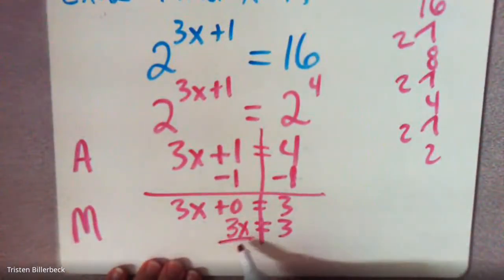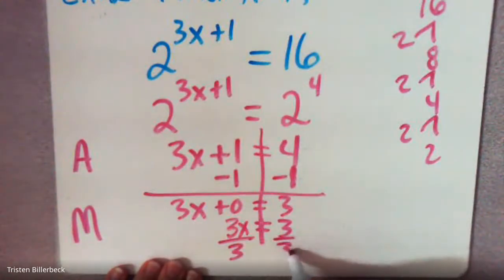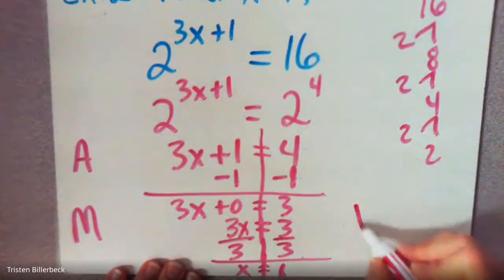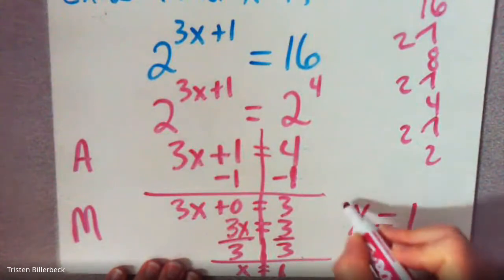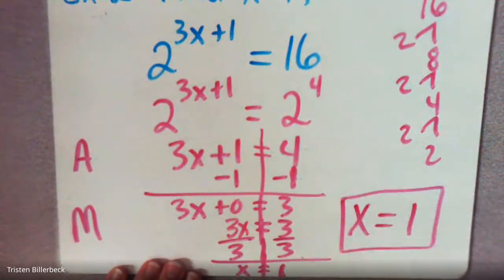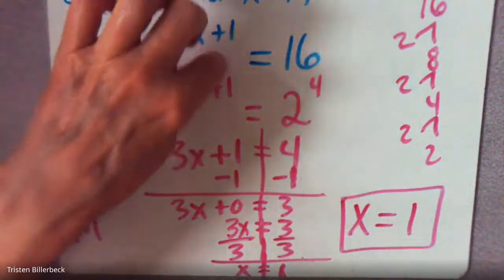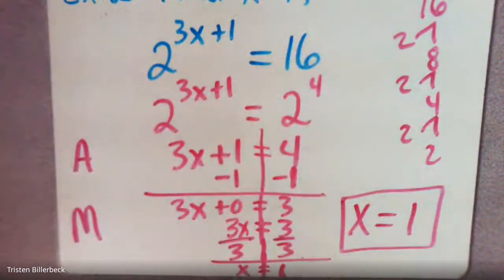It's division. So we divide both sides by 3. And that gives us x equals 1. So the answer to this is x equals 1. And we could see that there, 3 times 1 is 3, 3 plus 1 is 4, and that's what we were hoping for. Okay?